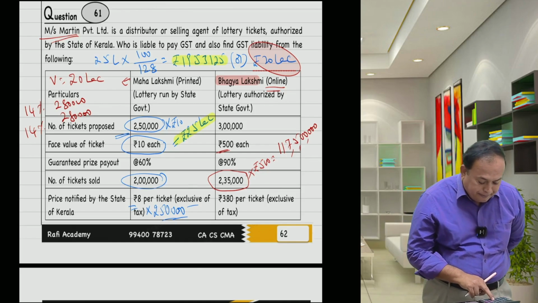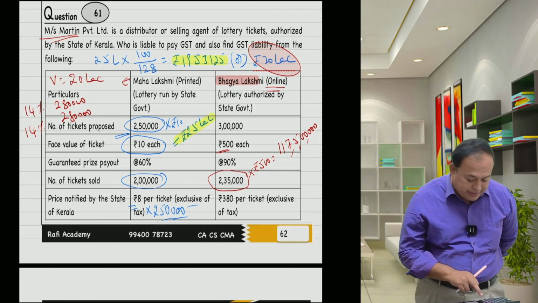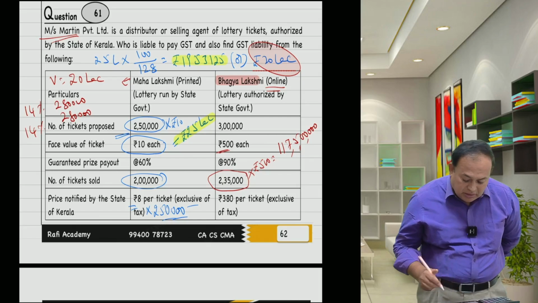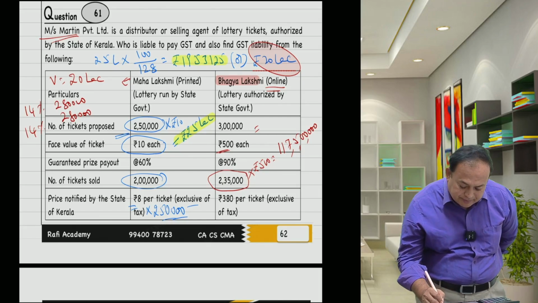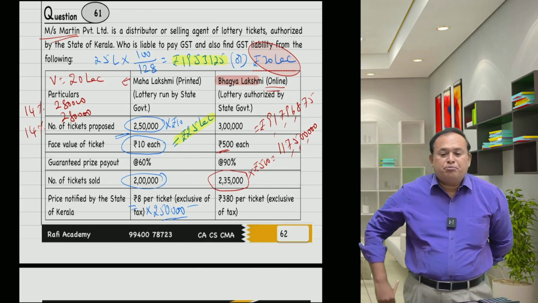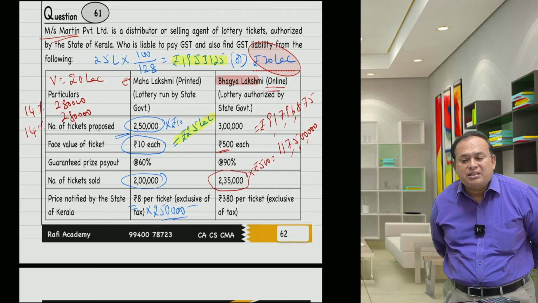Multiply by 100 divided by 108, which is equal to how much comes here? The valuation. Perfect. 9 crore 17 lakhs 96,875.